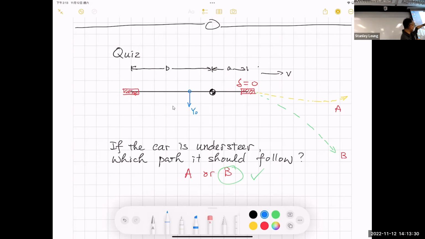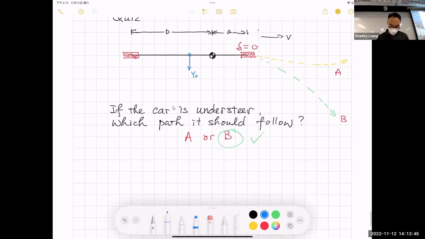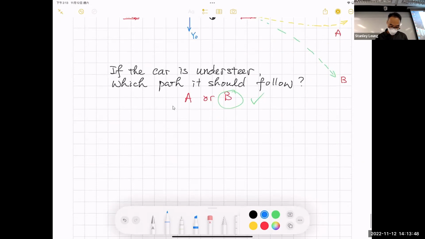If I don't apply it at the CG but somewhere else, there should be a point that is just balanced and goes neutral steer. This point we call the neutral steer point.